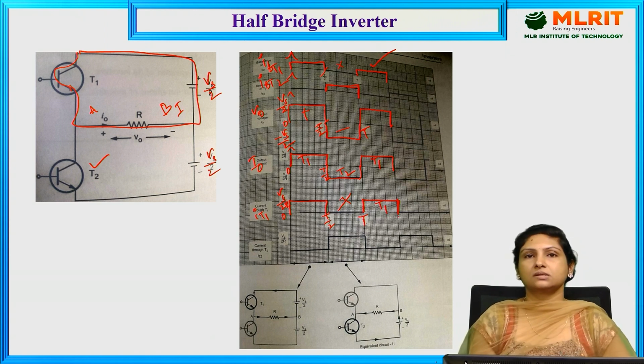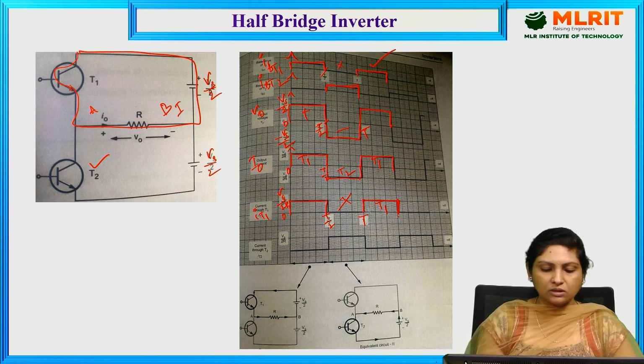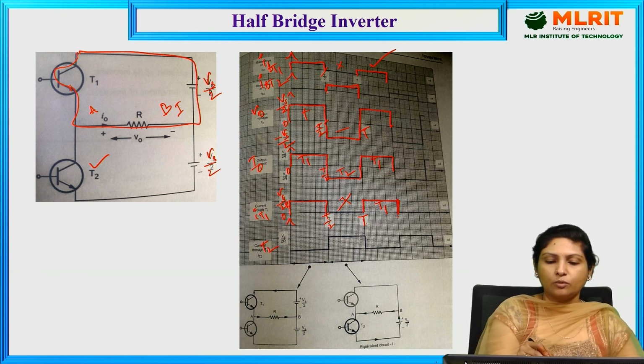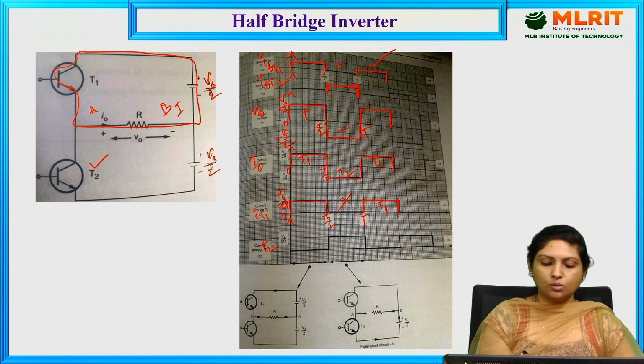And if you talk about the current through transistor 2, the moment we provided the base drive for transistor 2, it is conducting, and the remaining time it is off.